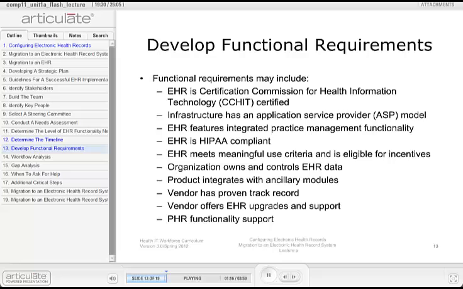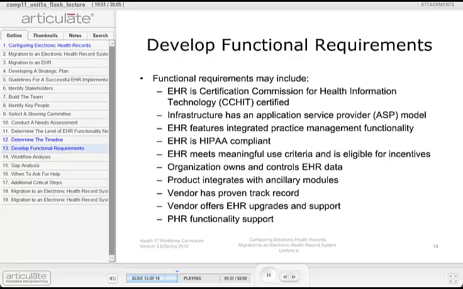If an organization decides it needs to maintain control over both the client and server environments, an ASP solution would not be acceptable. An organization may decide that its EHR integrates practice management functionality or be interoperable with legacy practice management software.